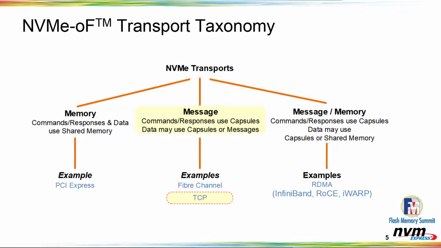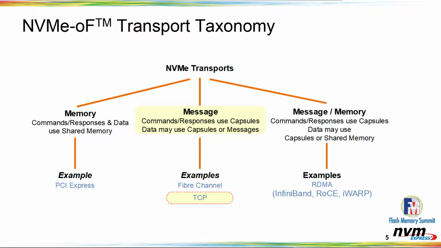So if you look at these different transports and their characteristics, we can segment them into three. We have PCI Express, where basically all the interface is memory semantics. The host reads and writes to host memory buffers, which are the submission and completion queues, and maps data buffers to the device, which fetches all the data from host memory.